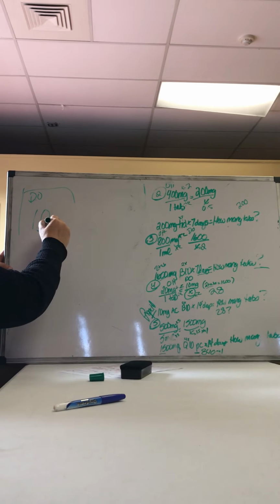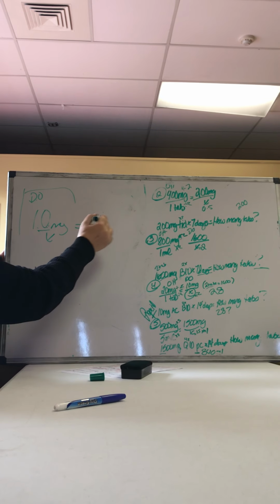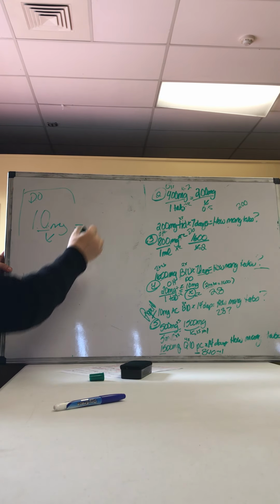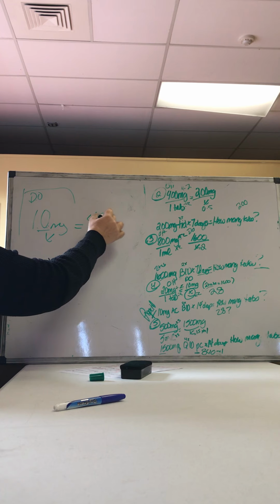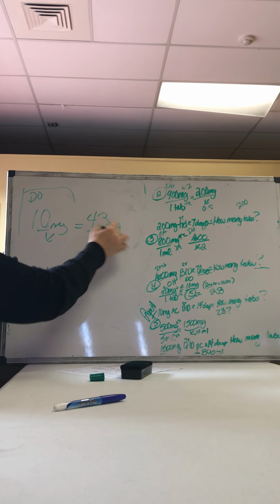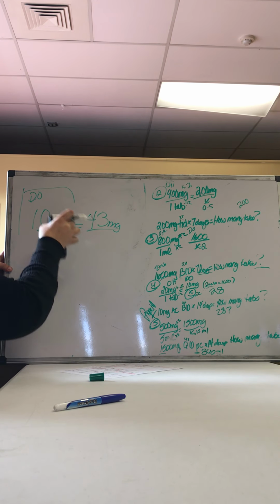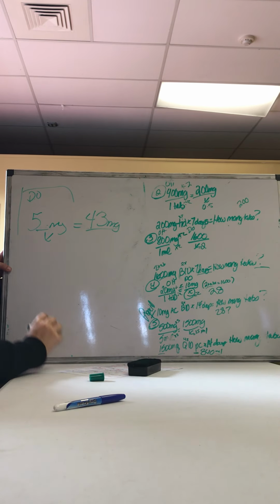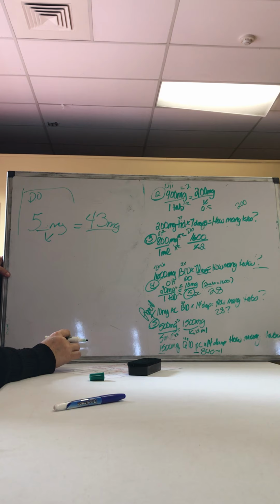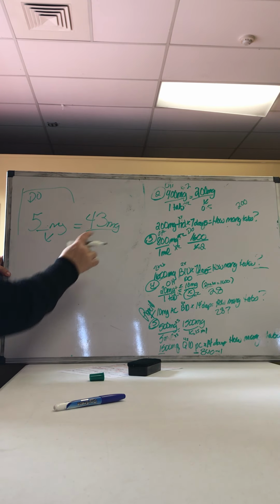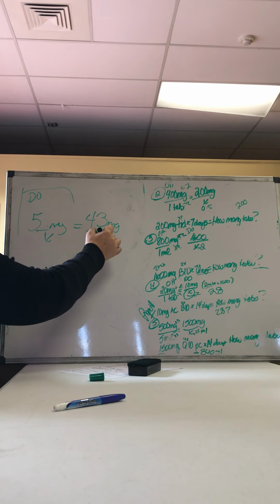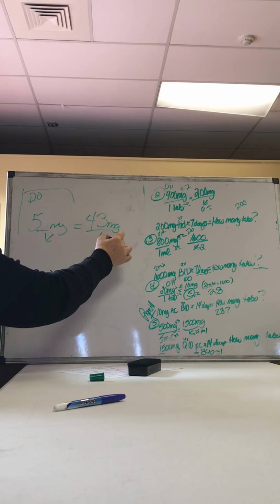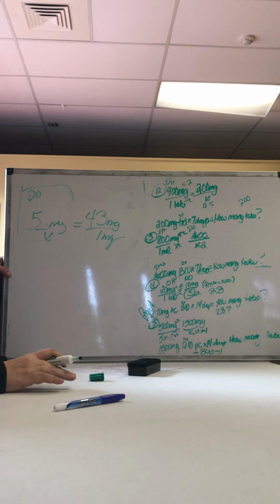Let me do this. Got 43 milligrams. And you actually can't do that because it's a 1. Doctor ordered 5 milligrams, right? This is gonna be an awful number. Make it easy, because I know that's gonna be a crazy number.